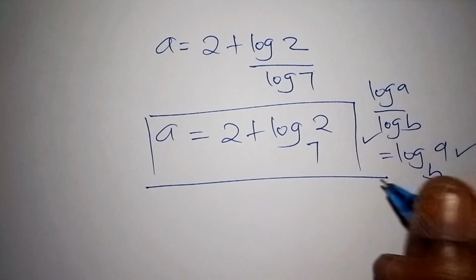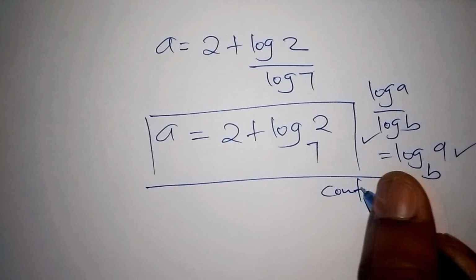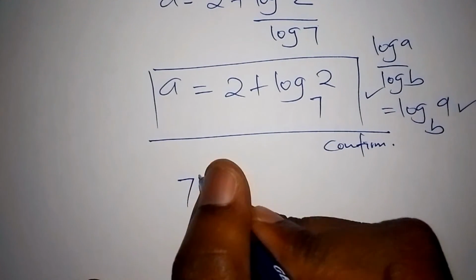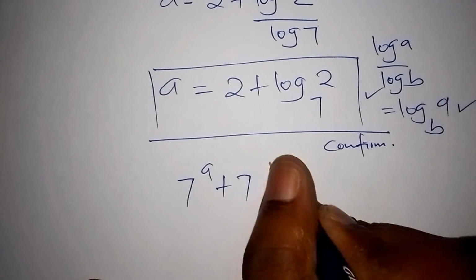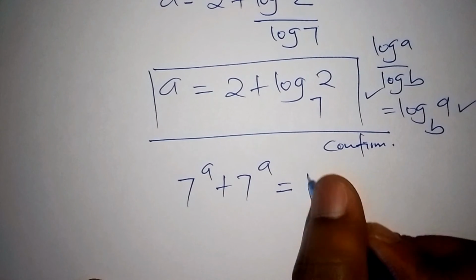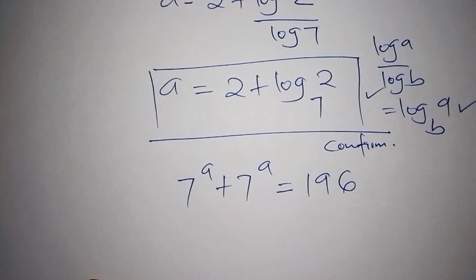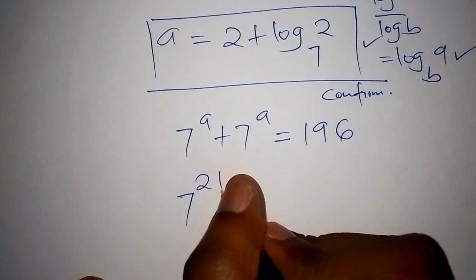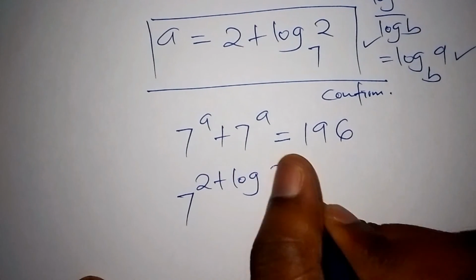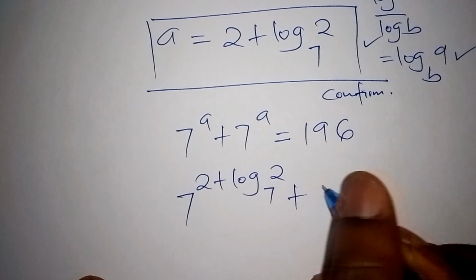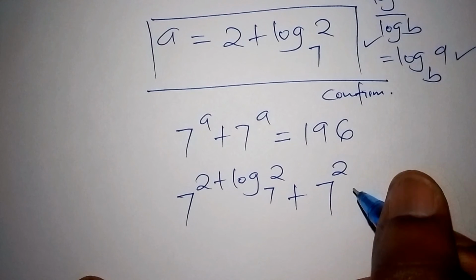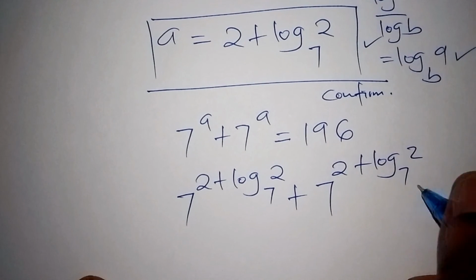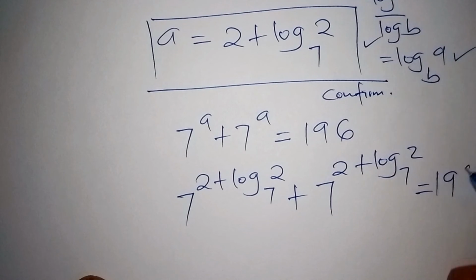We can still confirm this maths problem very fast. Our maths problem was 7 to the power of a plus 7 to the power of a, and the result was 196. So in this case, our 7 shall be to the power of 2 plus the log of 2 to the base of 7, plus again 7 to the power of 2 plus the log of 2 to the base of 7, is equal to 196.